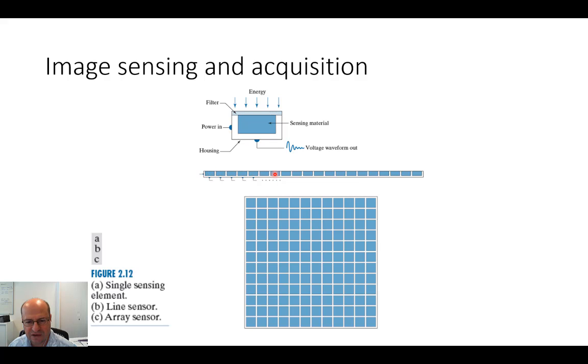You can have an array of these sensing units, a linear array where you're picking up your energy in a linear form, or you can have a matrix, right?